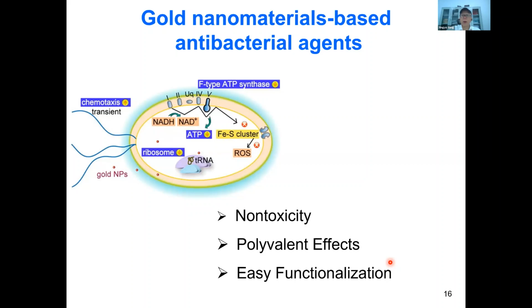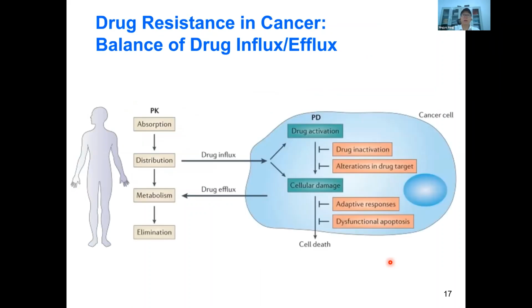So the next part, I will switch a little bit to our efforts in dealing with drug resistance in cancer. There are many ways in which cancer cells and tumor tissues could develop drug resistance. One of the ways is to decrease drug influx.